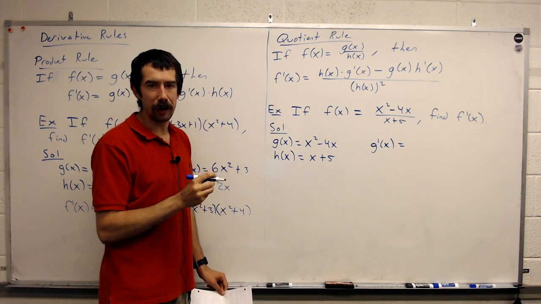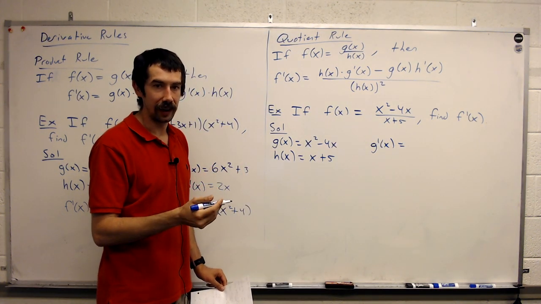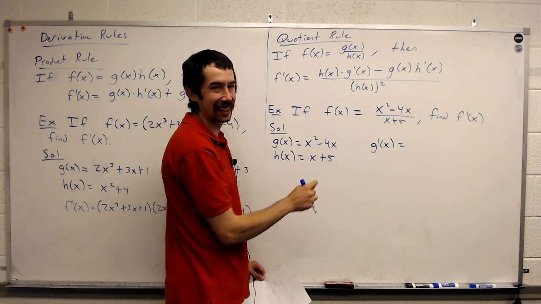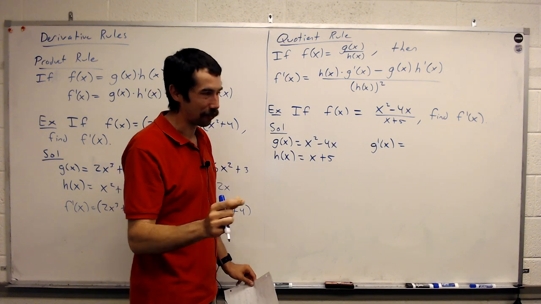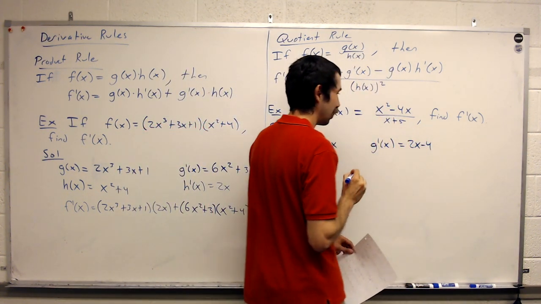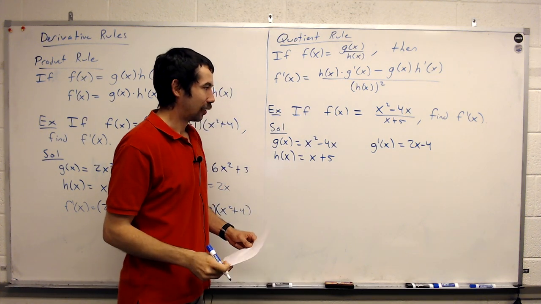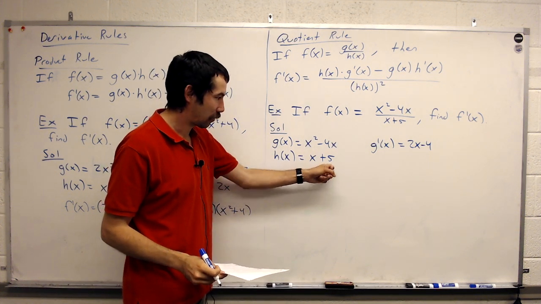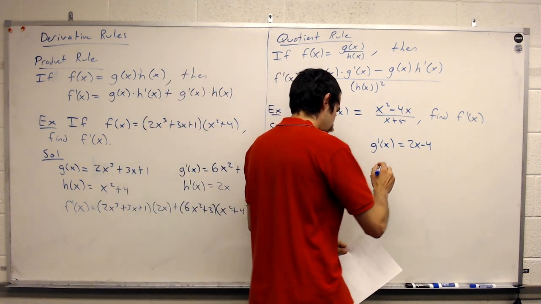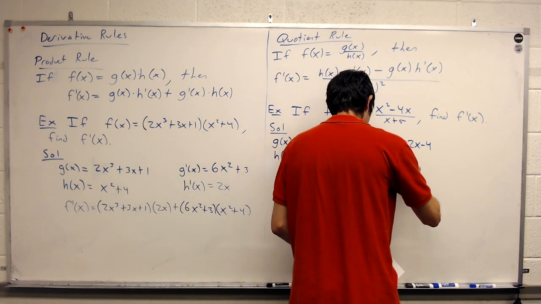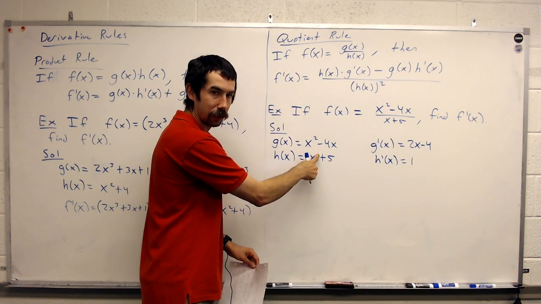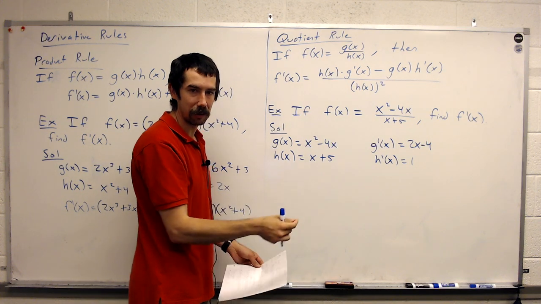The derivative of x squared minus 4x is 2x minus 4. The derivative of x plus 5 is 1. Right, you could imagine x is really just x to the first, so you'd bring the 1 in front and it'd be 1 times x to the 0.